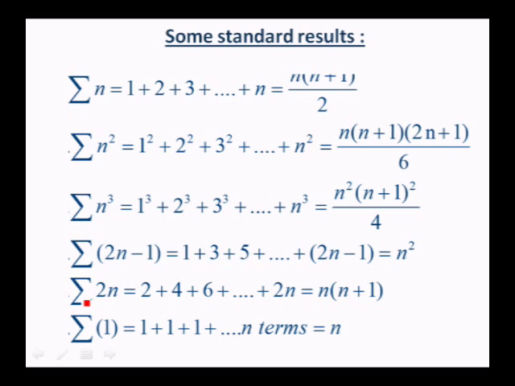Sigma 2n minus 1, this is very important of course. When you add all the odd numbers 1, 3, 5 etc. 2n minus 1, you get n square. On the other hand, if you add the even numbers 2, 4, 6, 2n, you get n into n plus 1. Sigma 1, this is also important. Sigma 1, you feel like writing 1, but it is not 1. Sigma 1 to n terms, that is 1 plus 1 etc. up to n terms, it is equal to n.